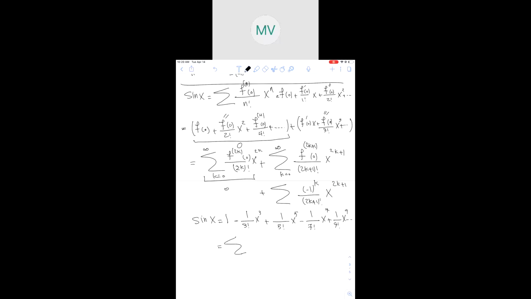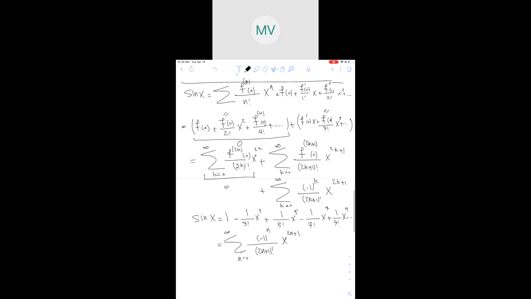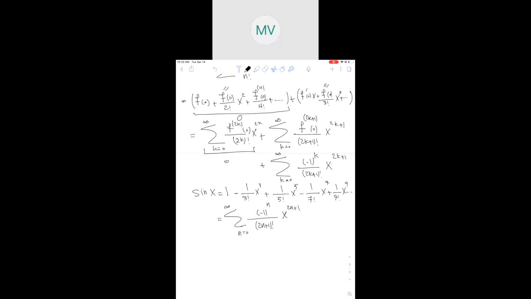And this can be written as a summation. Here, k starts from 0, k from 0 to infinity, negative 1 to the n over 2n plus 1 factorial x to the 2n plus 1, n from 0 to infinity. And by the way, here I'm using the variable of the series as k, I'm just changing it to n. It doesn't matter. They both generate the same thing, right?